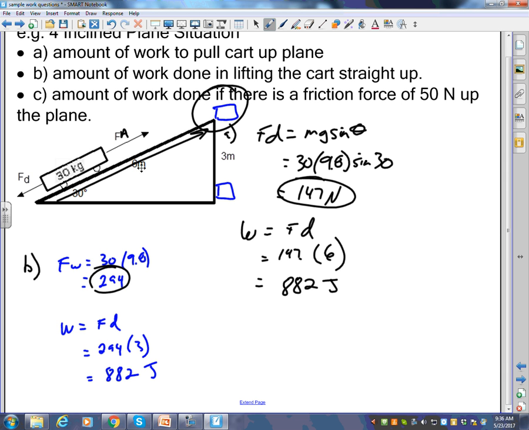Okay, now, how much work is done if there's a friction force of 50 newtons up the plane? Because there's always friction at play, right? If there's 50 newtons up the plane, that means that my applied force for C is going to be my FD plus my friction force. I'm going to need 147 plus 50. 197.